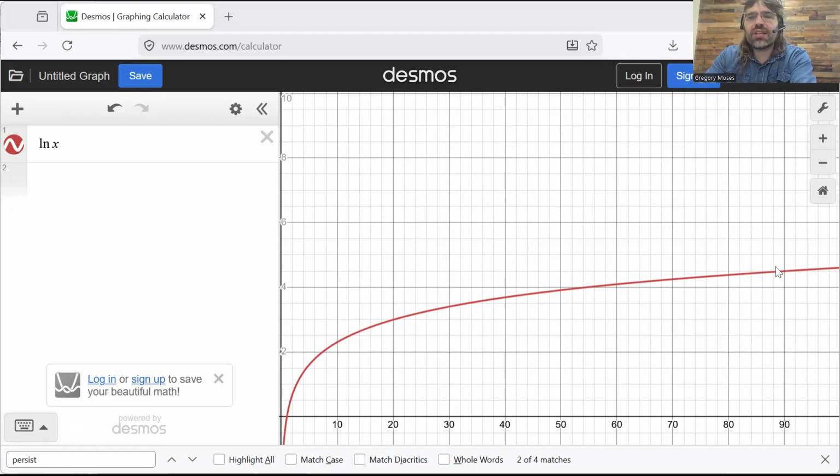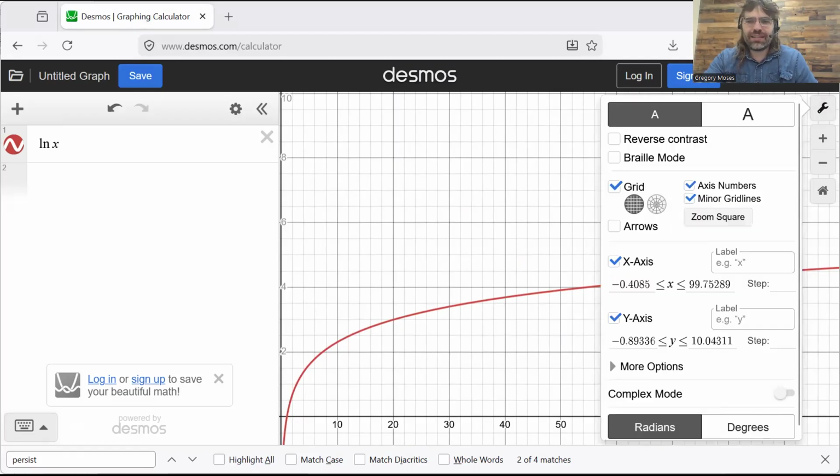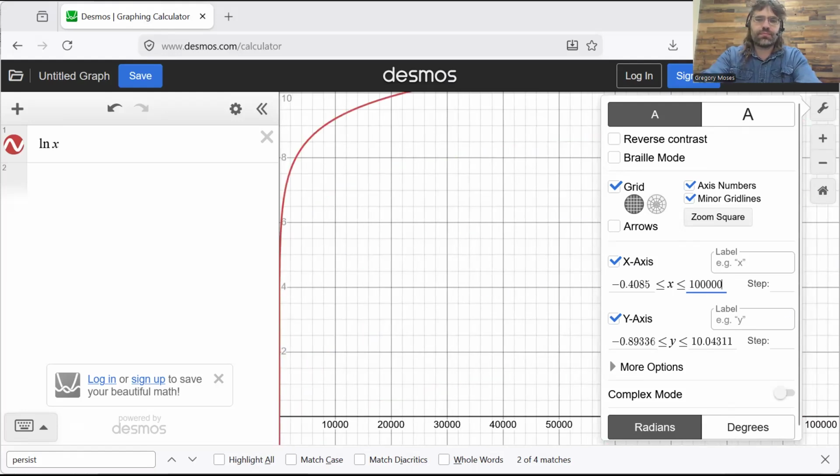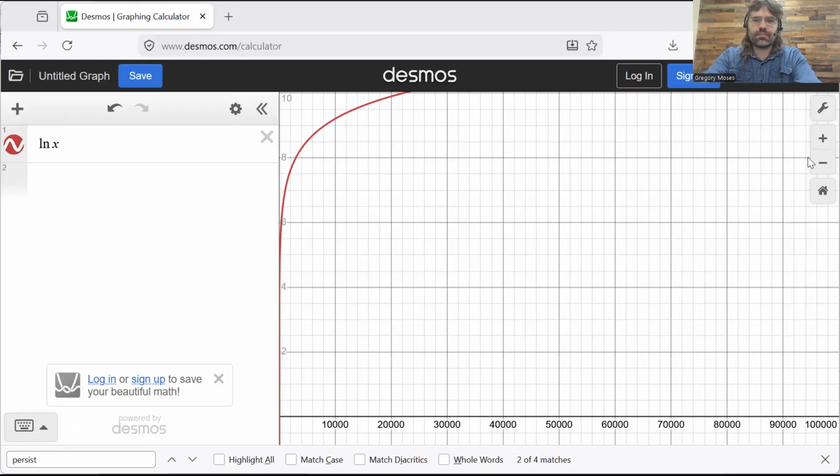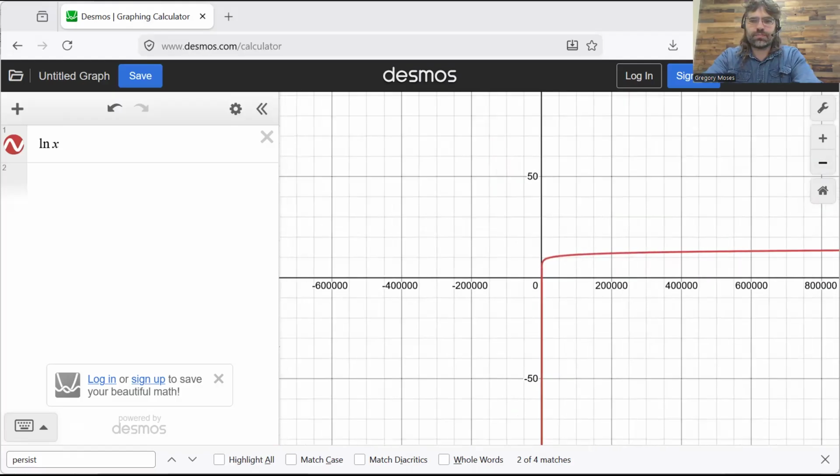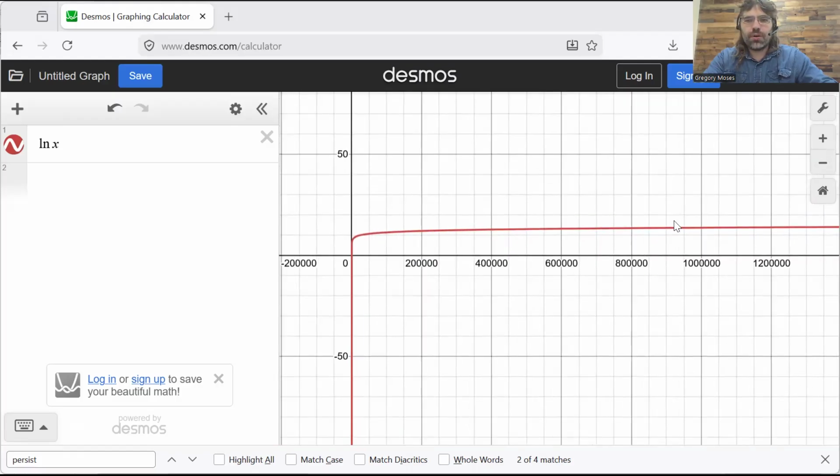When x is 90, it's growing at a rate of 1/90th. When x is 1,000,000, it's growing at a rate of 1/1,000,000th. And the tangent line looks virtually horizontal.